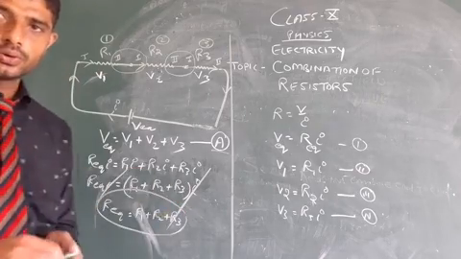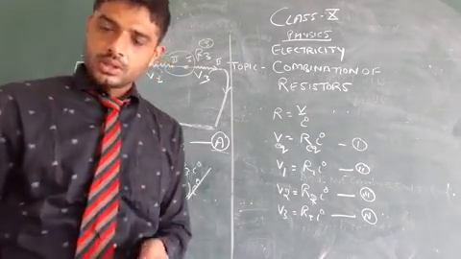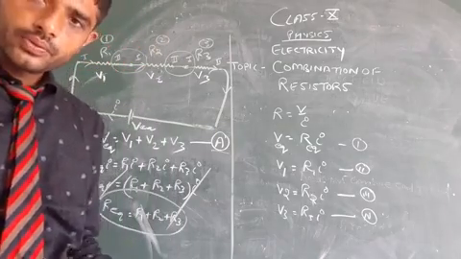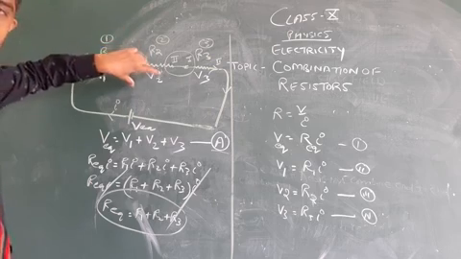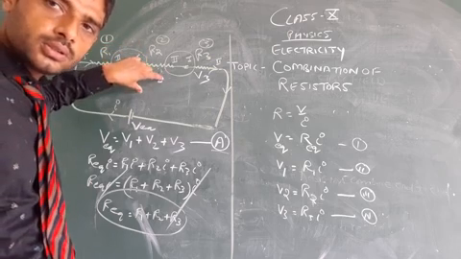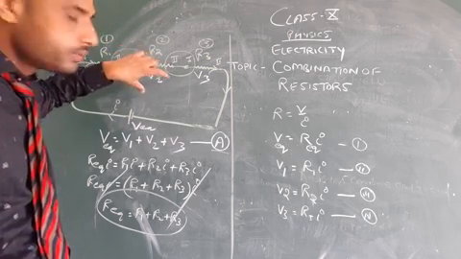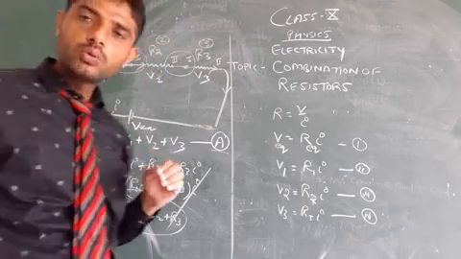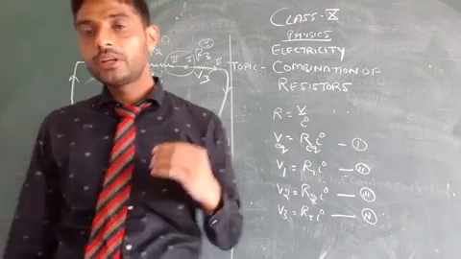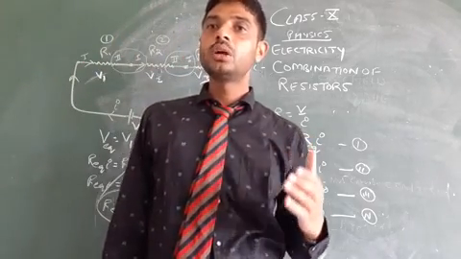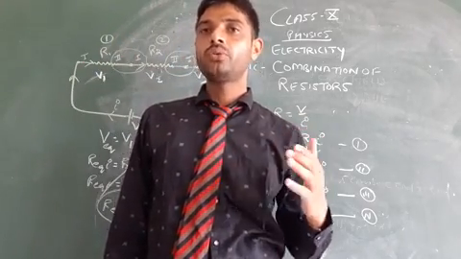So in series form, the value of equivalent resistance of the circuit is equal to the algebraic sum of the individual resistances of the resistors.